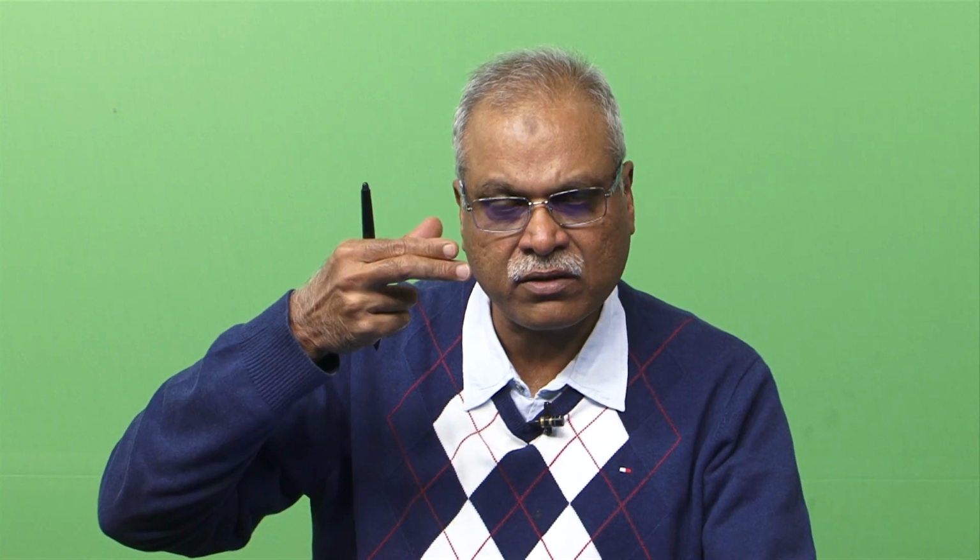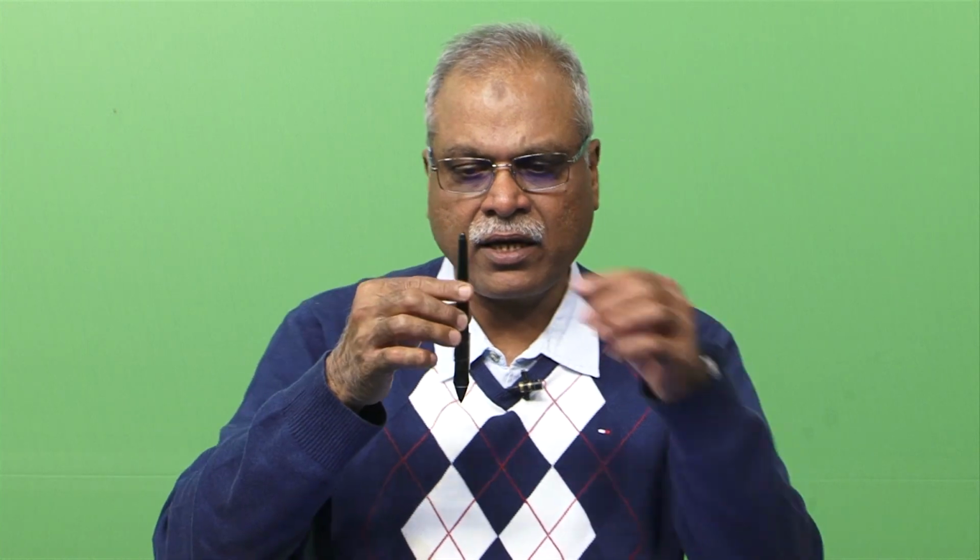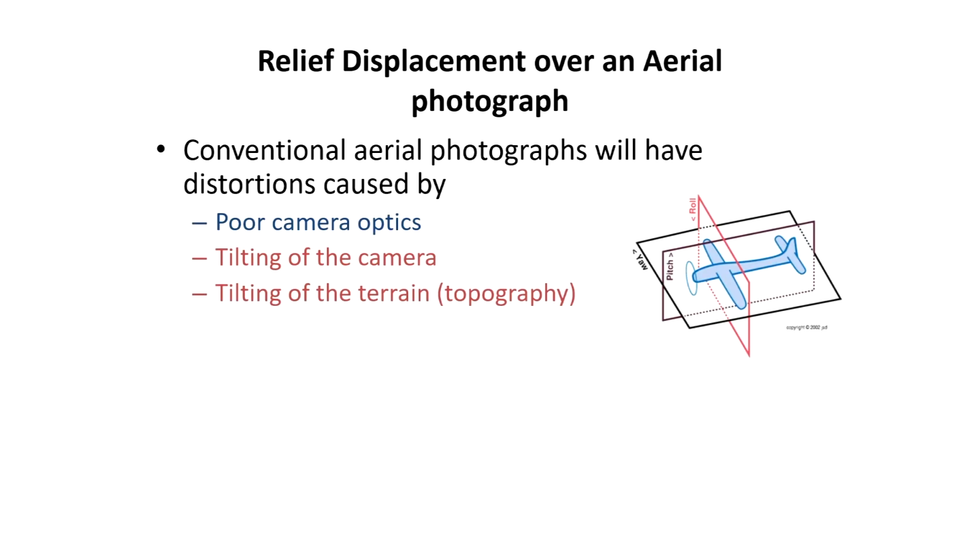Okay. So that will automatically try to keep the camera vertical. So if the camera is hanging on the gimbal, it will keep as vertical as it can. Okay. Even if the aircraft is having yaw or pitch or roll, anything happening, that will be taken care of. Okay. But if you have a fixed camera, not on the gimbal, then you will have difficulties. Okay.